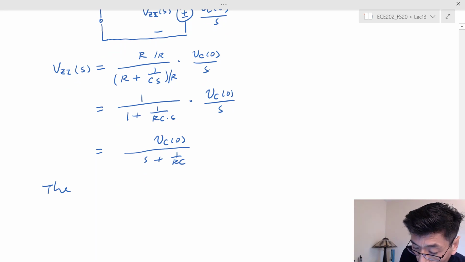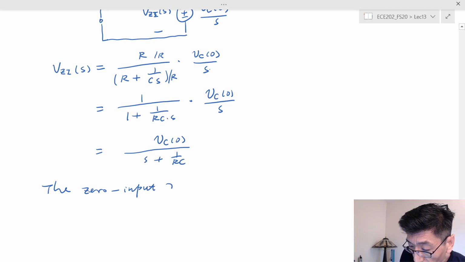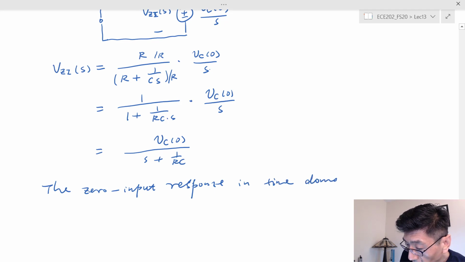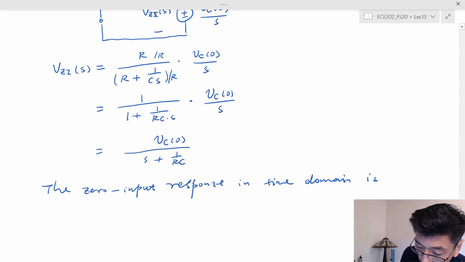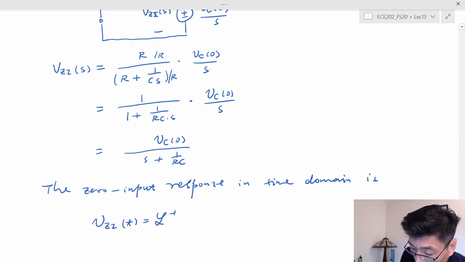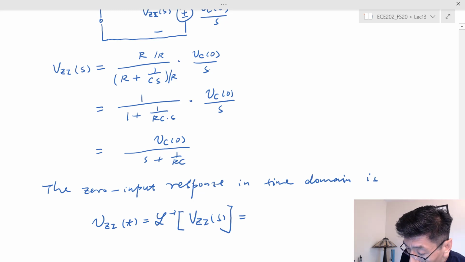So the zero input response in time domain, v sub ZI of t, is the inverse Laplace transform of V sub ZI of s. In this case, that would be equal to V sub C0 times e to the minus t over RC times u(t).